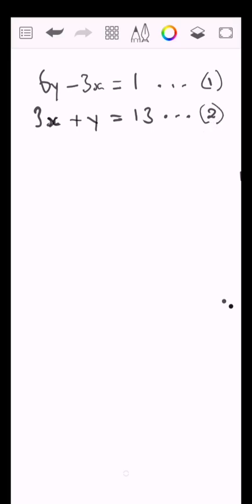We are going to apply two methods. The first method is the method of substitution. Then we are going to apply the method of elimination. But as for the method of elimination, we are going to apply it twice. We are going to have two tiers. Tier number 1, we are going to apply the method of elimination as it is widely used.